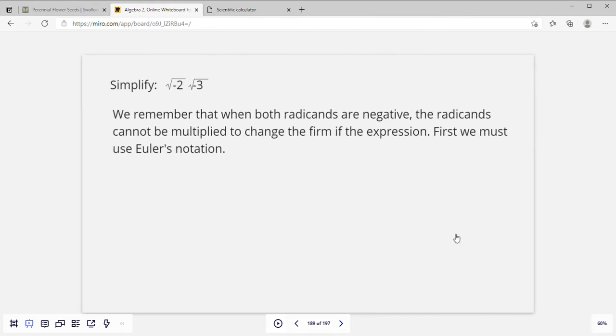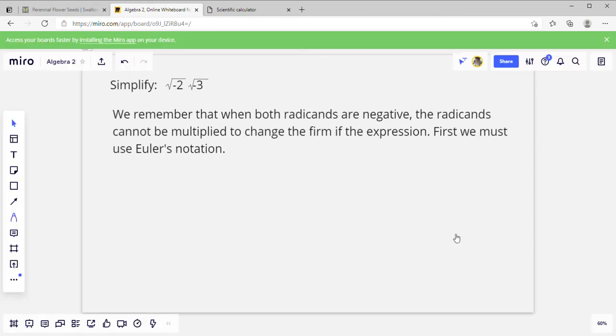Okay, so in this one, it asks us to simplify. We remember that when both radicands are negative, the radicands can't simply be multiplied to change the form of the expression. First, we must use Euler's notation. So if I've got the square root of -2 times the square root of -3, I can't multiply those yet, but I could say the square root of 2i times the square root of 3i.